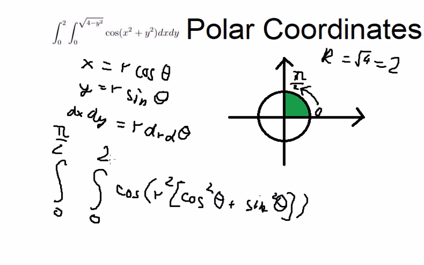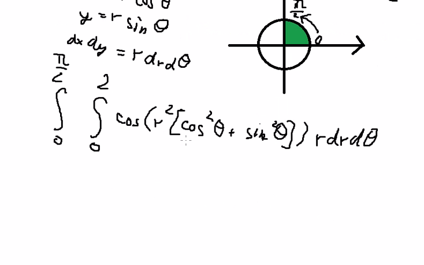The dx dy we change for this one. So this one you change to number 1. So you got the interval from 0 to pi over 2, and this one from 0 to number 2.